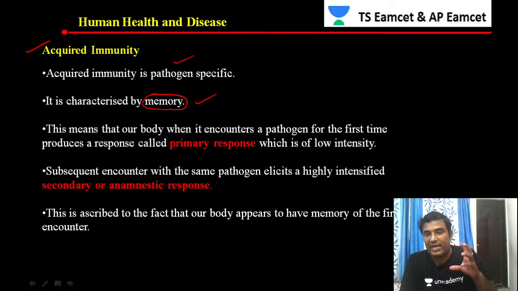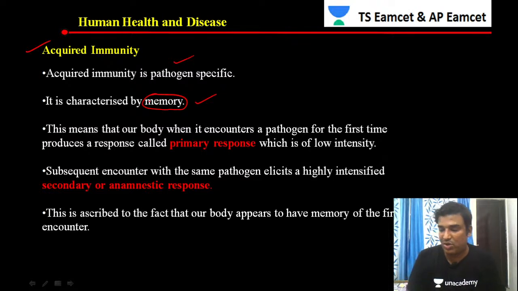When coronavirus enters into the human body, these antibodies will go and attack the coronavirus and kill it. This mechanism is totally based upon the memory. So acquired immunity is characterized by memory.